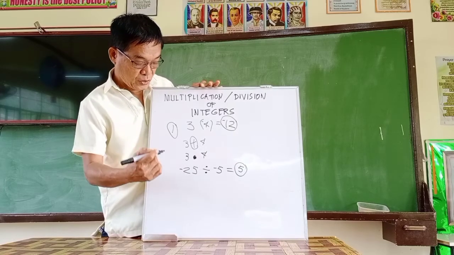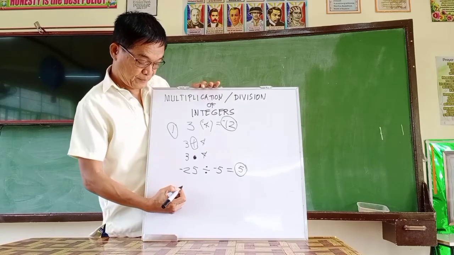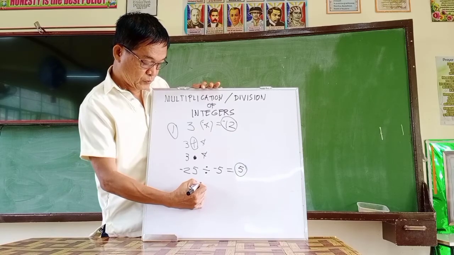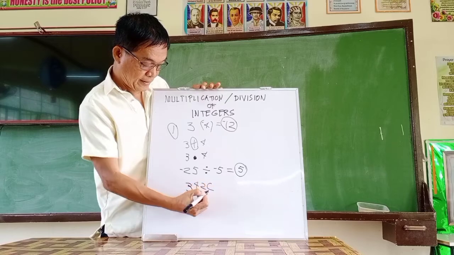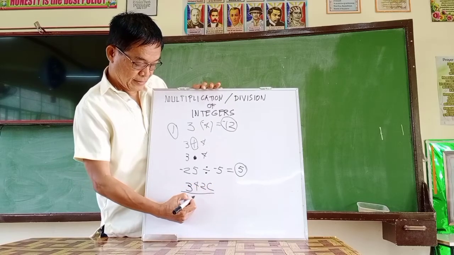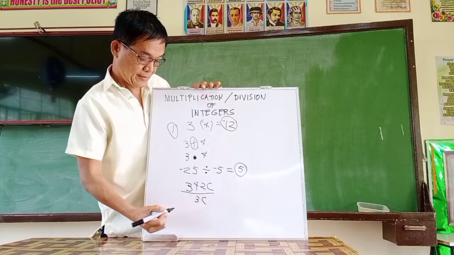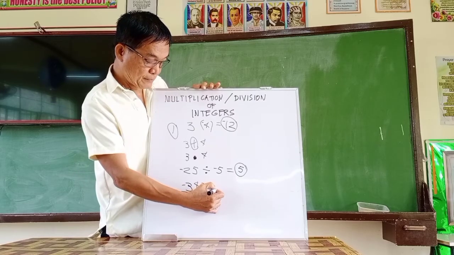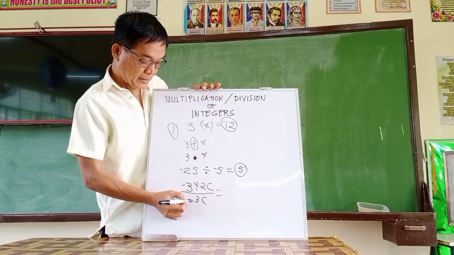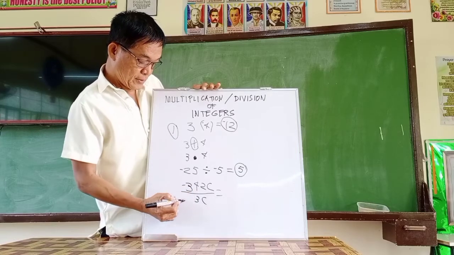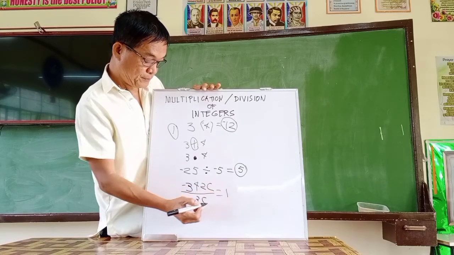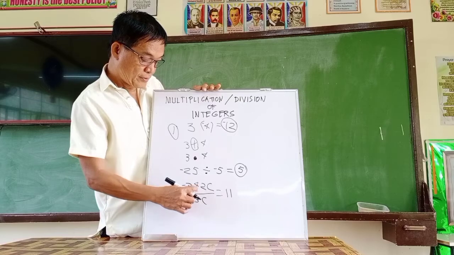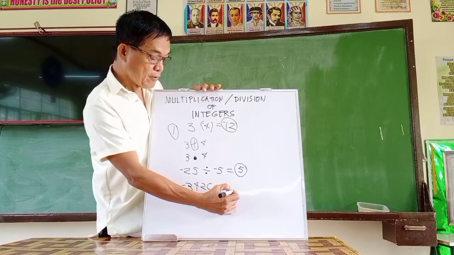Now if we put letters. An example of division: negative 342C divided by 3C. Okay? The numerator is negative, the 3 is positive, no symbol meaning positive. So 3 divided by 3 is 1. 4 divided by 3 is 1, with a remainder of 1, so 1 plus 2 is 12 divided by 3 is 4.